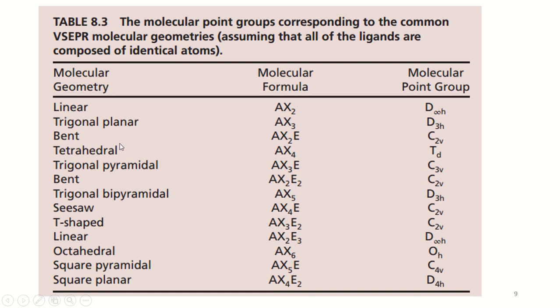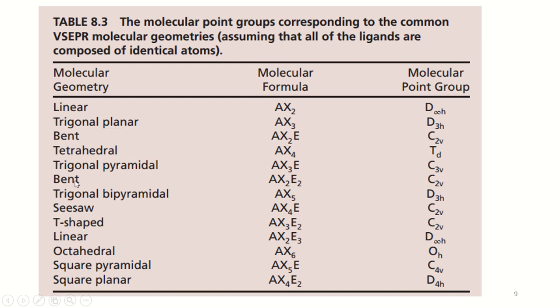So if the molecule has bent geometry, and the molecular formula is AX2E, then this is C2v. If the molecule has tetrahedral geometry, then the molecular point group should be Td. While in case of trigonal pyramidal the molecular formula would be AX3E, and the molecular point group should be C3v.